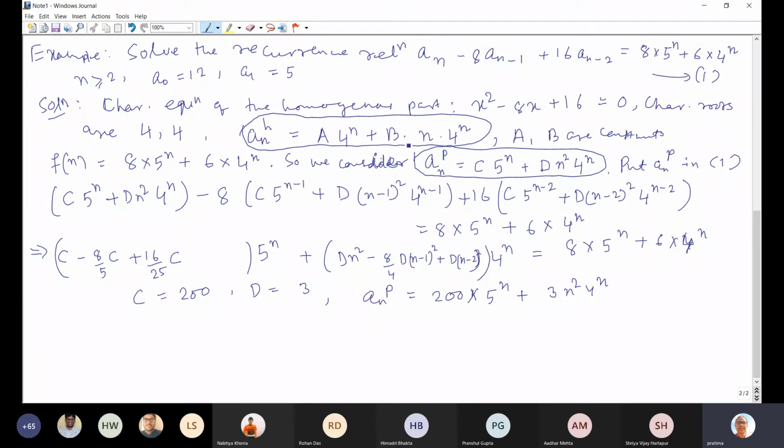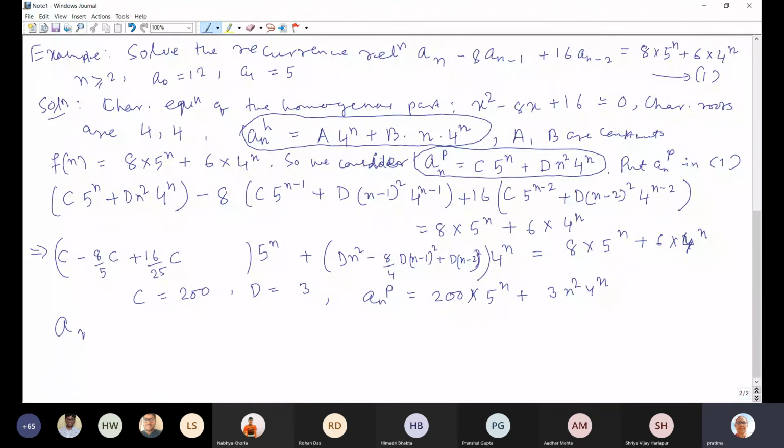We have to determine the constants A and B. So what we will do is write down the general solution An, and then use your initial conditions.